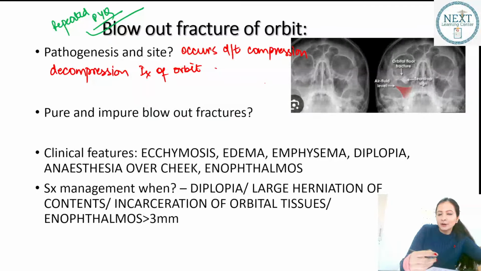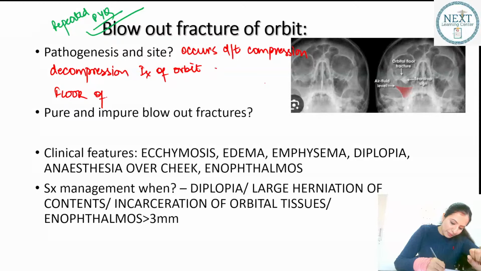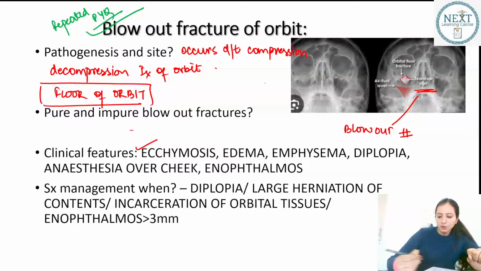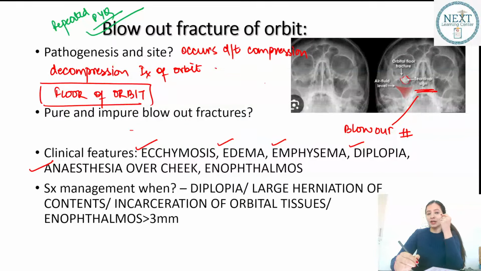Site is at the site of weakest wall, so it is going to be floor of the orbit that is getting affected. So if you look here, this is your teardrop sign that you see characteristically in blowout fracture of the orbit. Clinical features: patient is going to get ecchymosis, edema, emphysema, diplopia, anesthesia over the cheek because of the involvement of infraorbital nerve, and enophthalmos.